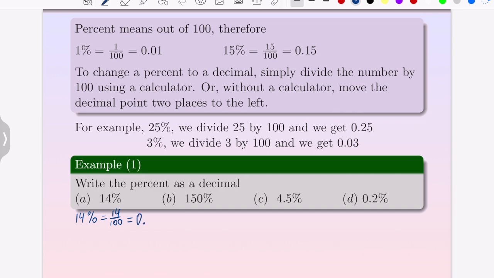So it's 0.14. Part B, 150%, it's 150 divided by 100, and we can either move the decimal from the end, 1 and 2, or we can just divide 150 by 100, and we get 1.5.